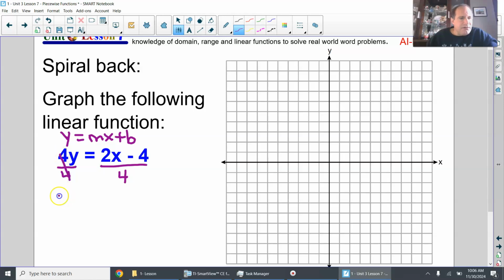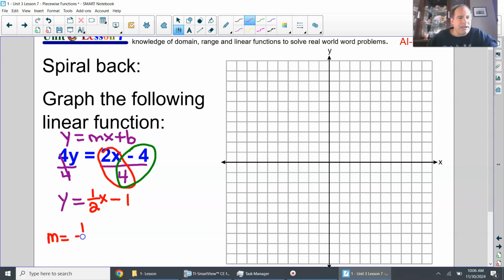So the 4's cancel out and y comes down equals, and then we have this positive 2 over 4x. That is 1/2 x. And then we divide -4 by +4, which is -1. So by hand, we have a slope of 1/2 and a y-intercept of -1. And we would put the arrows next to it, a rise of 1 and a run of 2.